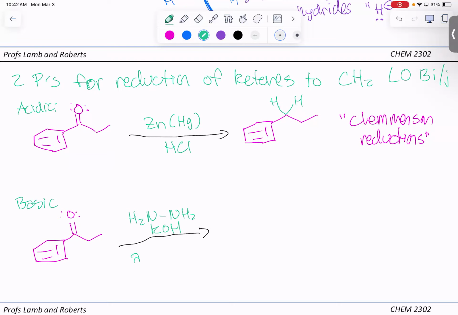On Wednesday's lecture, we're going to understand why it's so important to have some things run under basic conditions and some things run under acidic conditions. It's because we have other functional groups that can be sensitive to those. And we called these the Wolff-Kishner reduction conditions.